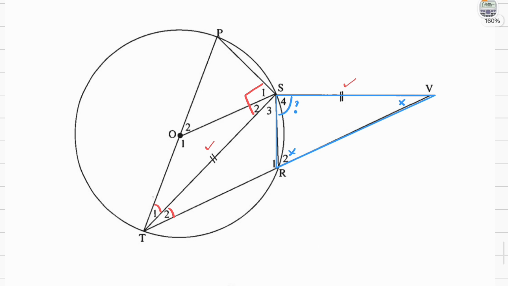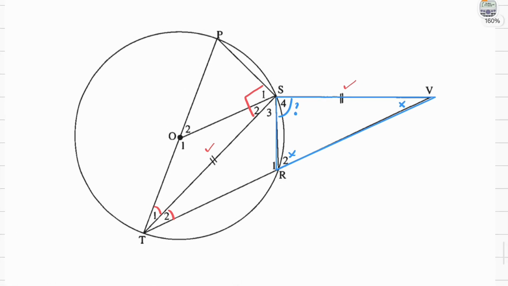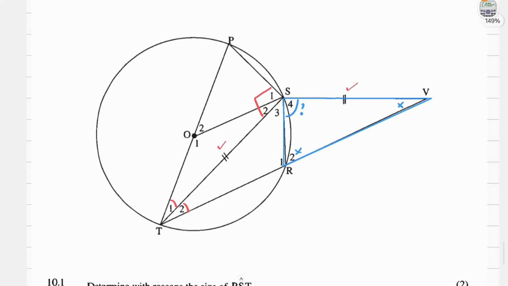We'll tell them that these two angles are equal, and then that angle T2 is actually equal to angle V. We're just trying to create a relationship between the angles here and possibly the angles in this triangle over here. If we can somewhat relate them, we'll be able to find out exactly what angle S4 is. So let's go ahead and see.